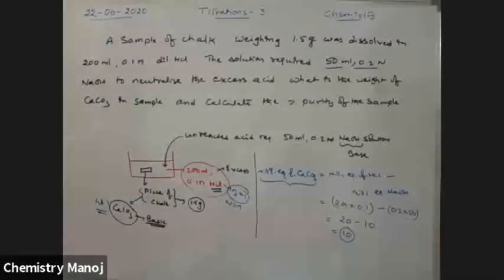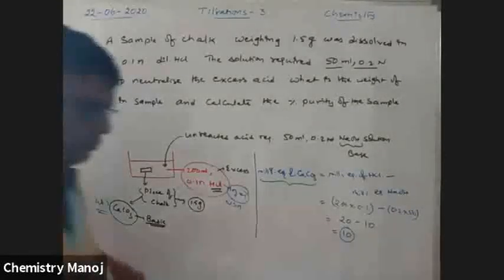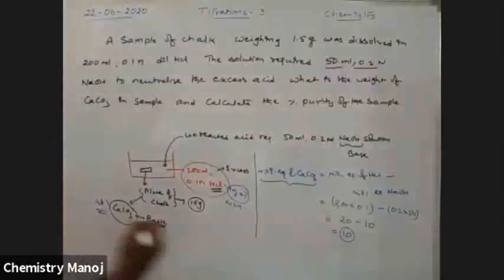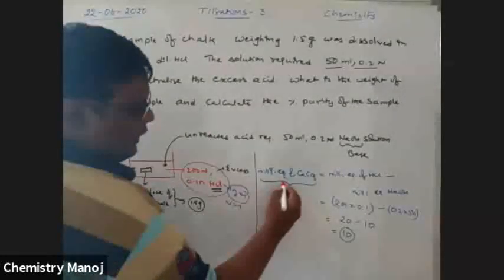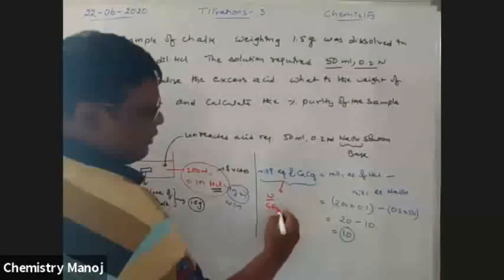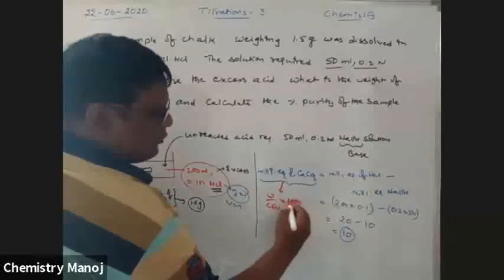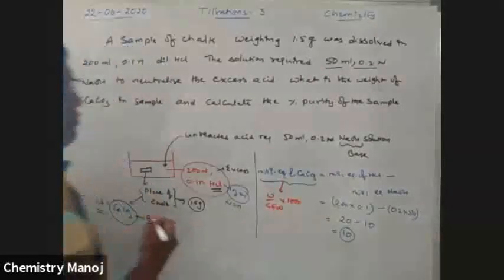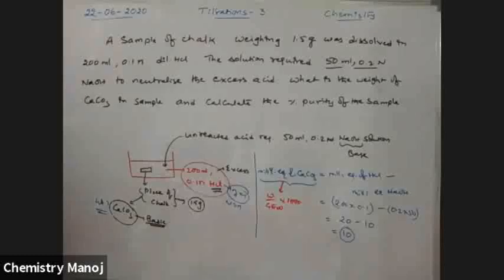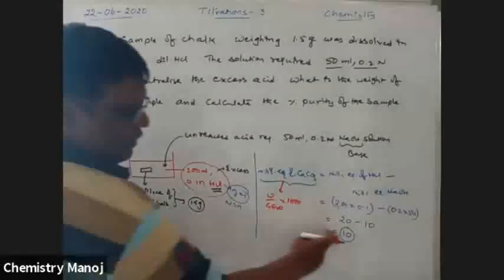Now our calculation. Milliequivalents in weight form is weight by gram equivalent weight into 1000. So this is equal to 10.